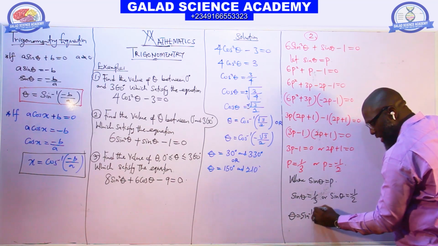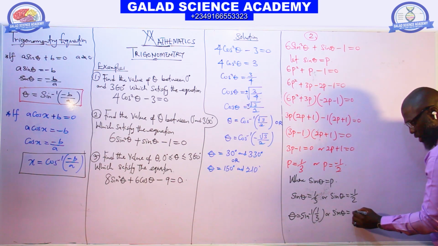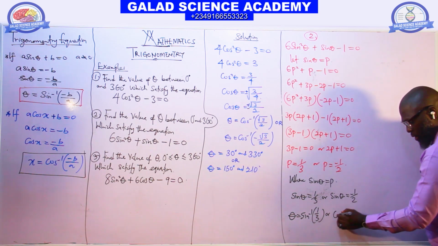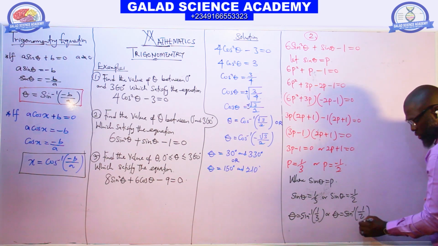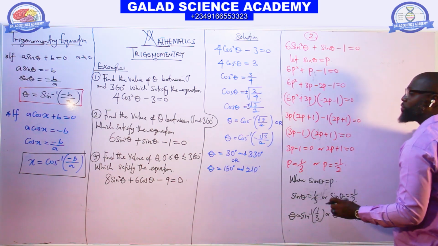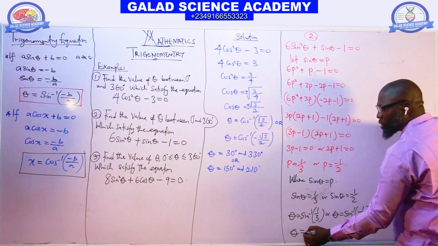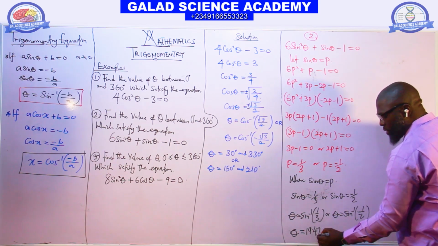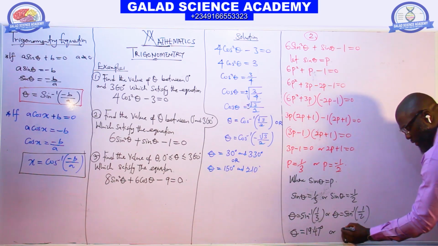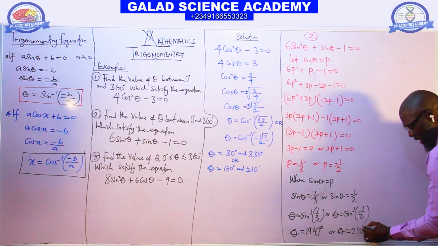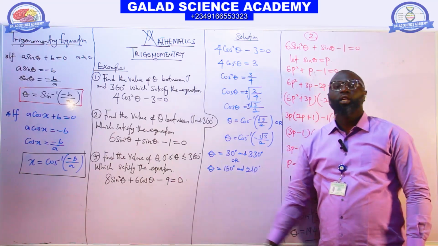The arc sine of 1 over 3, by using your calculator, gives you 19.47 degrees, or the arc sine of minus 1 over 2 gives you theta equal to 210 degrees. So that's all about this. You can help me to solve the third one.